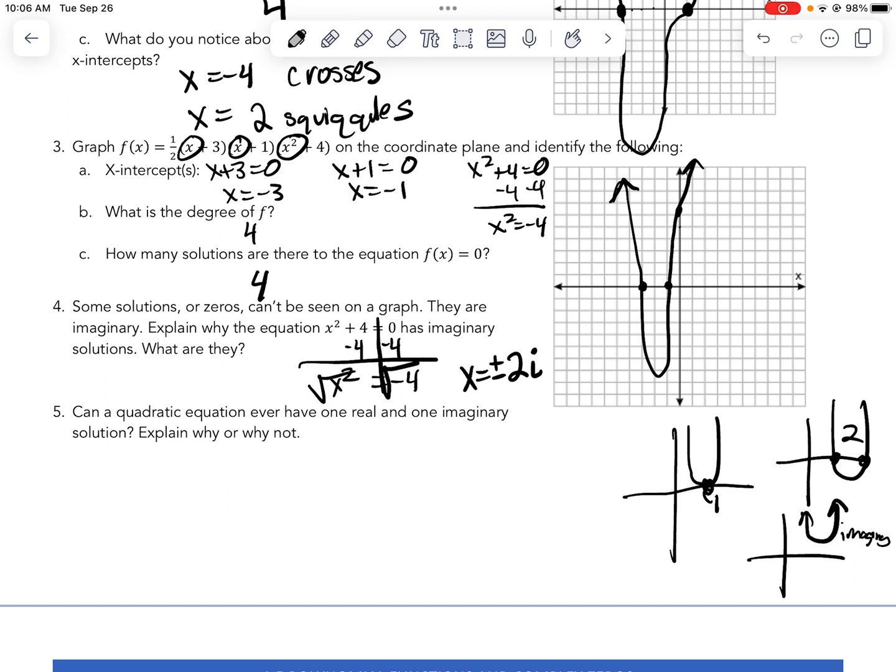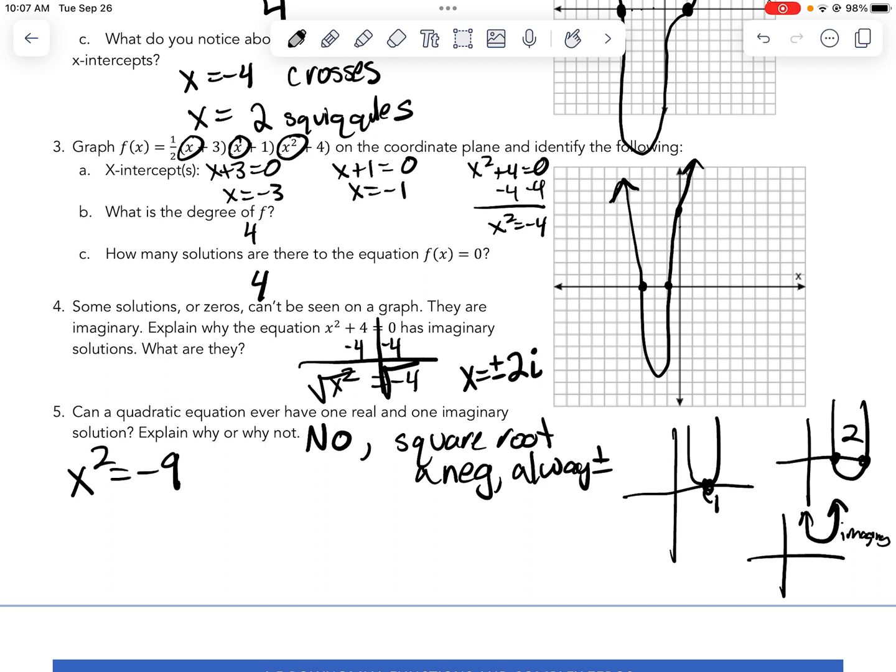So can a quadratic equation ever have one real and one imaginary solution? I'm going to say no, because when you square root a negative, it's always plus or minus. For example, if I had x squared equals -9, I square root it, it's going to be plus or minus 3i.